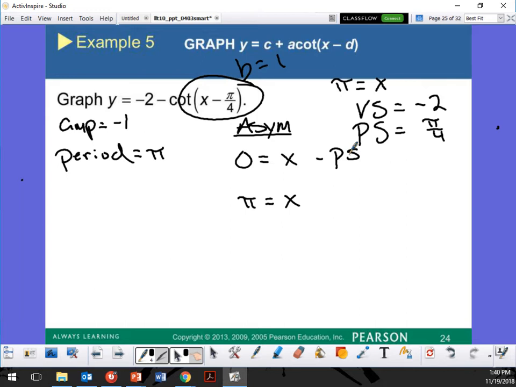So I'm going to have 0 minus pi over 4, and pi minus pi over 4. Did you write that down? When I have a phase shift, it's going to be my asymptote minus the phase shift.